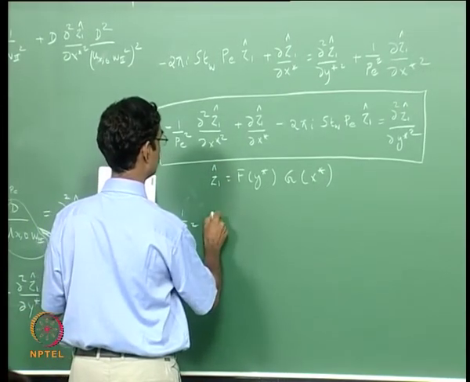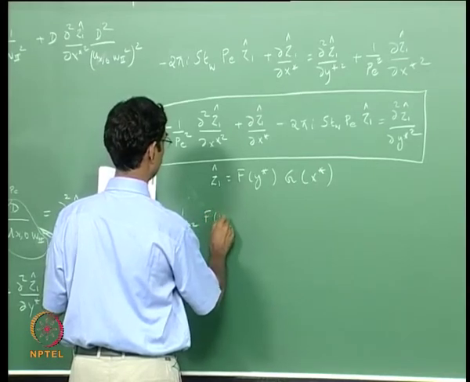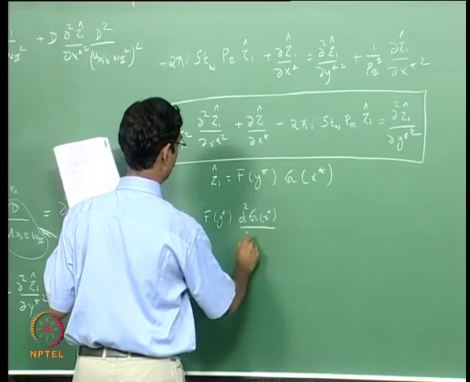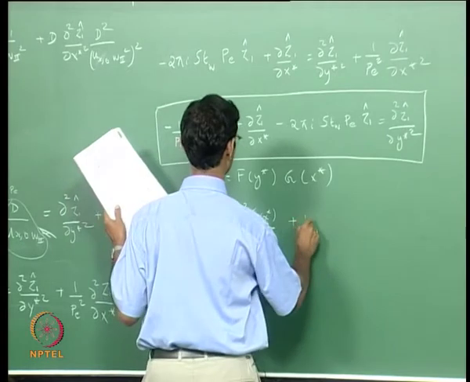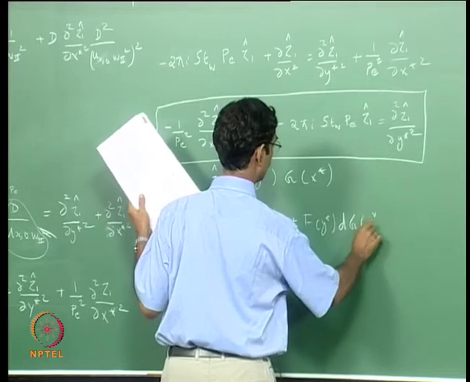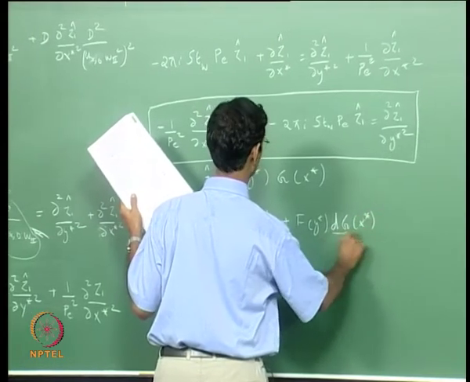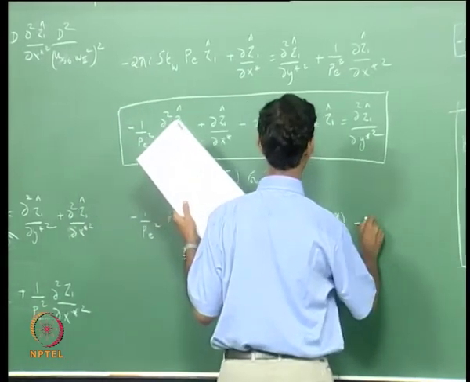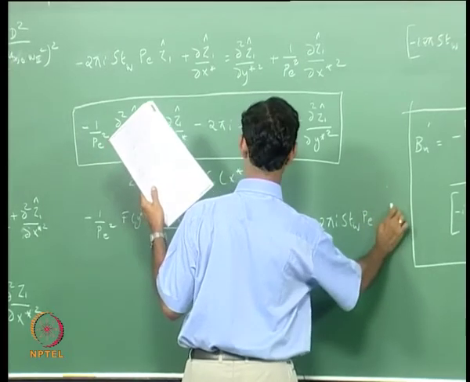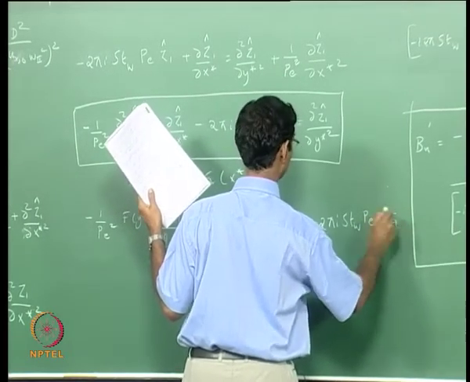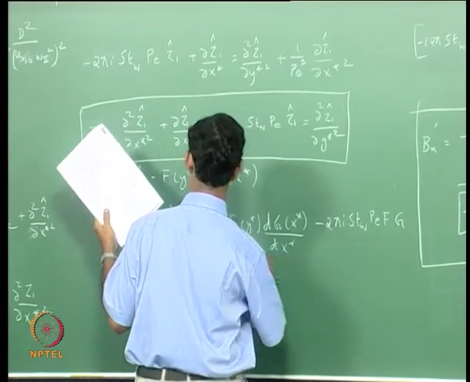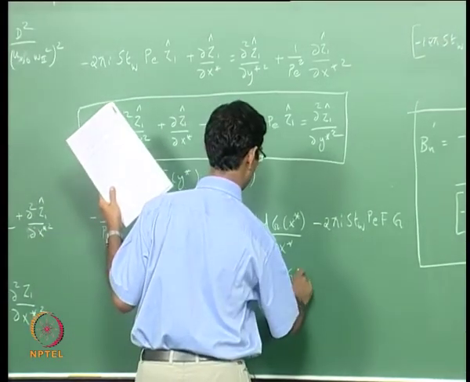Yeah, come on, help me. F of y star into d squared g of x star divided by dx star squared plus f of y star dg of x star divided by dx star minus 2 pi I stw p f g equal to g of x star.